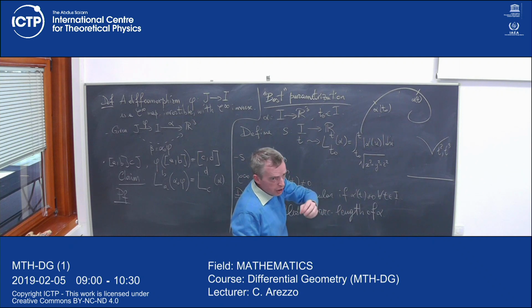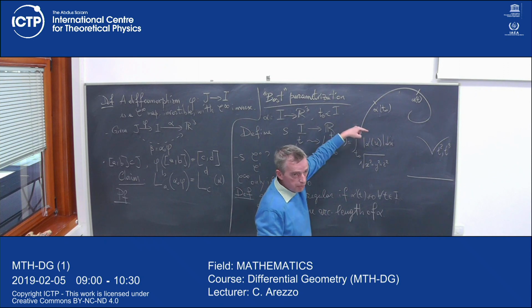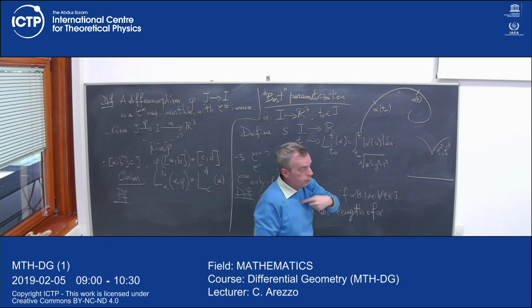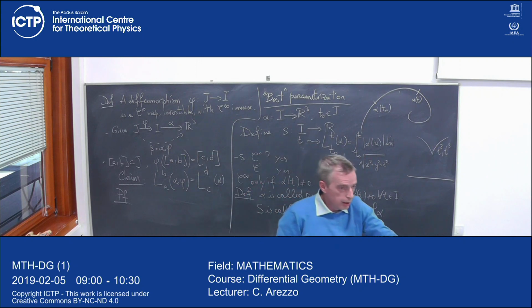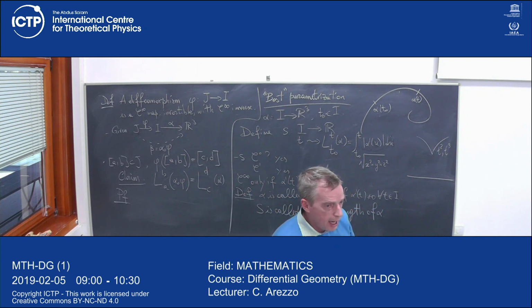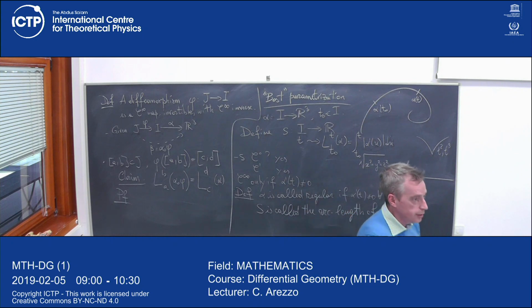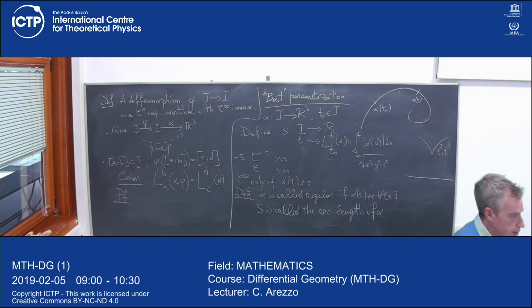Constant. It's just translating by a constant, because of course the integrals have the additive property. I'm integrating between T naught and T, you're integrating between T1 and T, and the two things are the same up to the integral between T naught and T1, which is decided at the beginning of the story once and for all. So up to translation by a constant, this is unique.